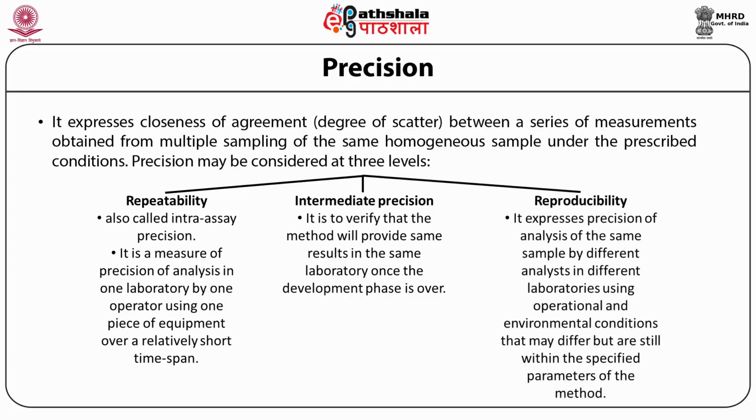Reproducibility expresses precision of analysis of the same sample by different analysts in different laboratories using operational and environmental conditions that may differ but are still within the specified parameters of the method.